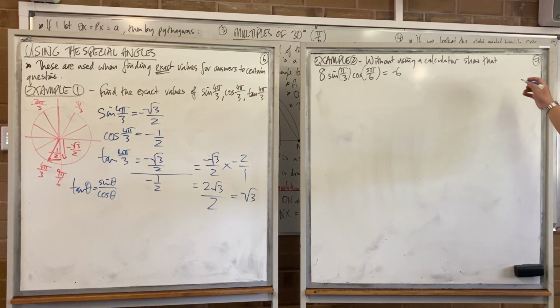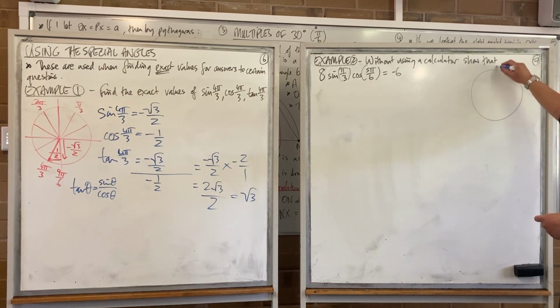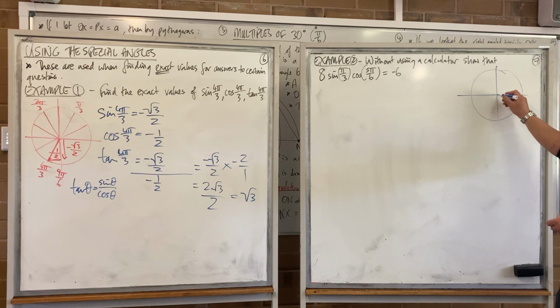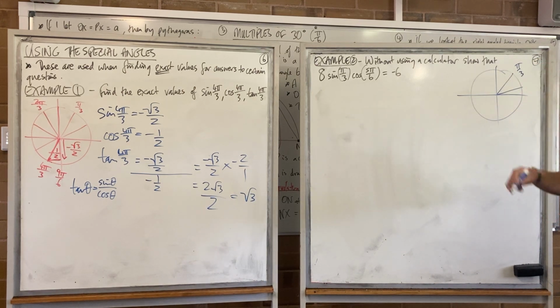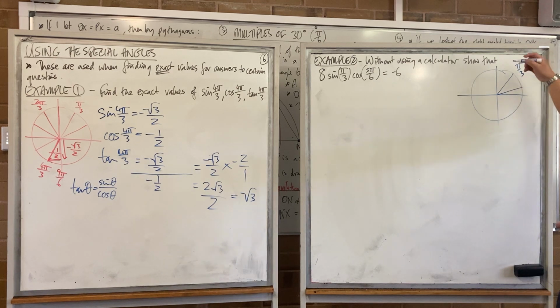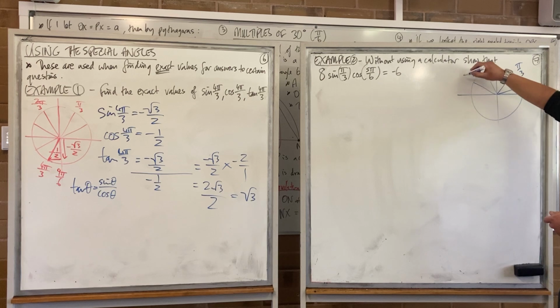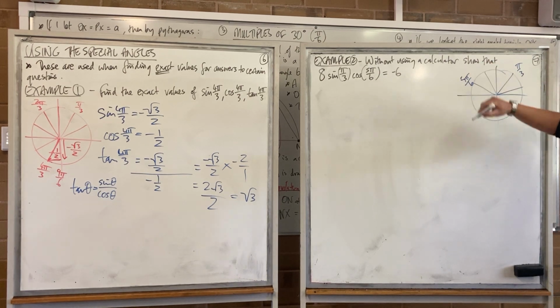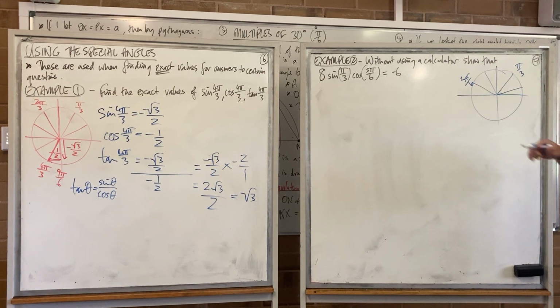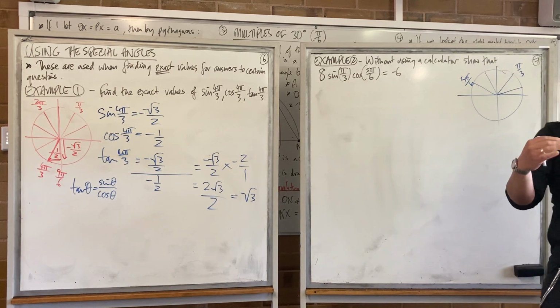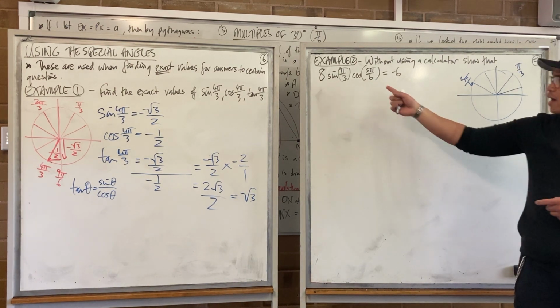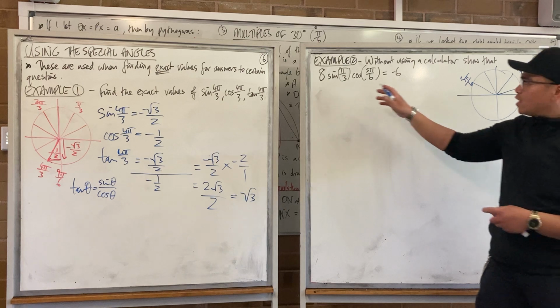Do I understand 1 pi on 6, 2 pi on 6, this is pi on 3? There. 4 pi on 6, 5 pi on 6 is here. And the sine and cosine relate to how far up or down you've gone and how far right or left you've gone.